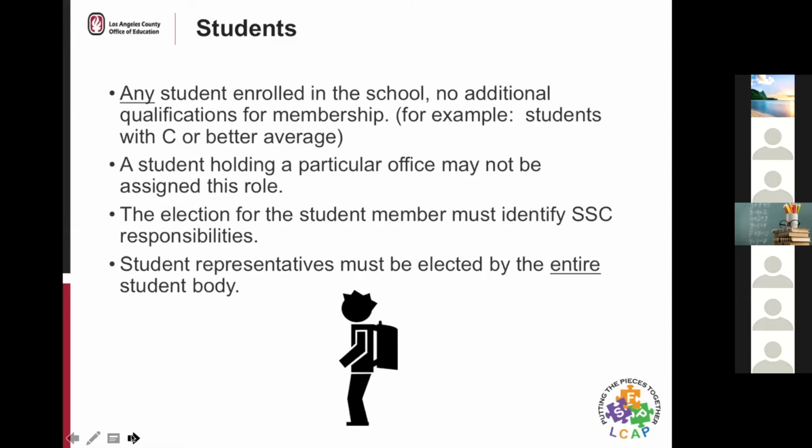So for example, the school cannot say only students with a C or better average can serve on the school site council, or it cannot be a responsibility that is assigned to an ASB or student council member. Student members on the school site council must be elected by the entire student body, and the election must identify the responsibilities of serving on the school site council.